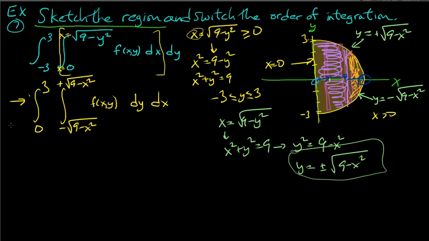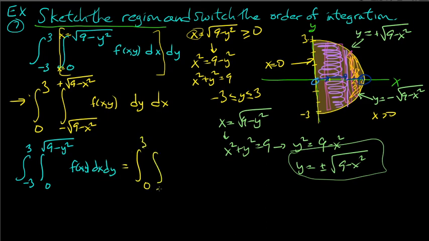There we go, right? So what we have are two ways to calculate, not the area now, but the volume underneath the function f. We can either use this integral, dx then dy, or we can use this integral. Right?